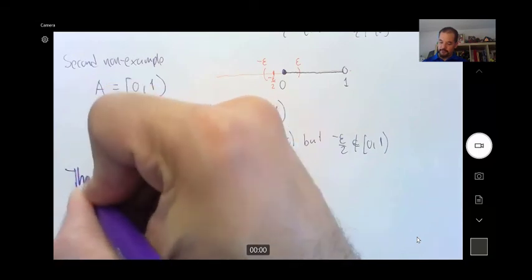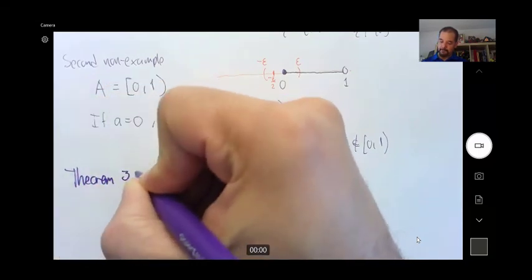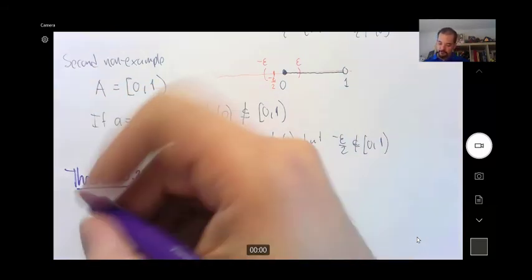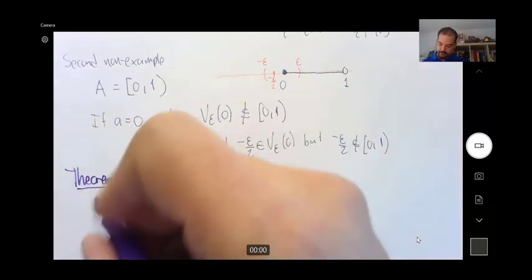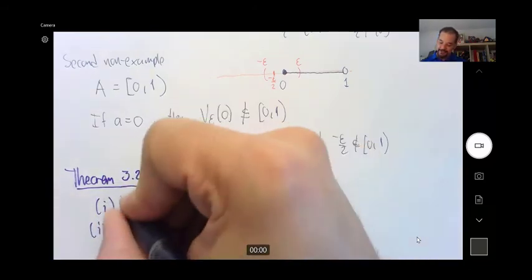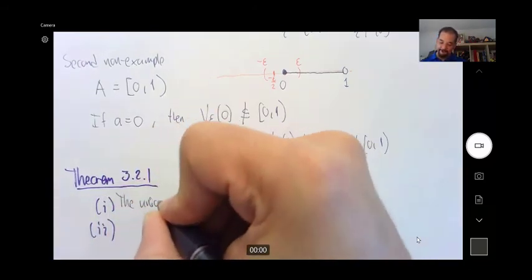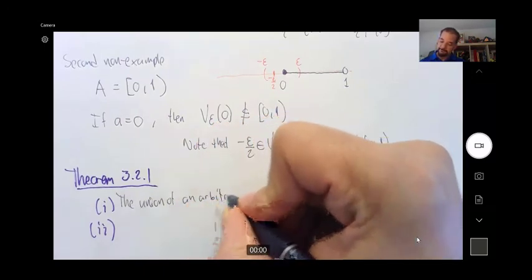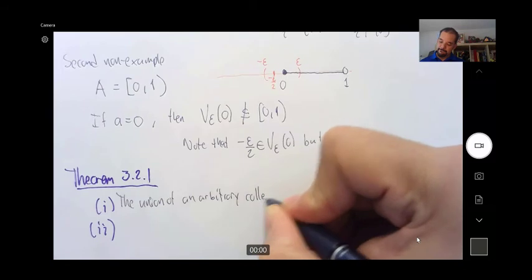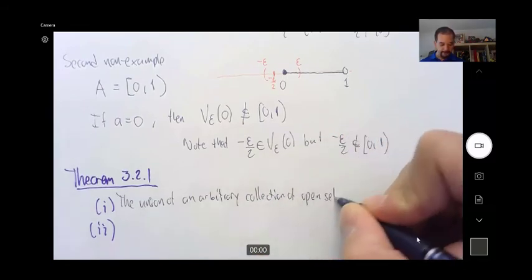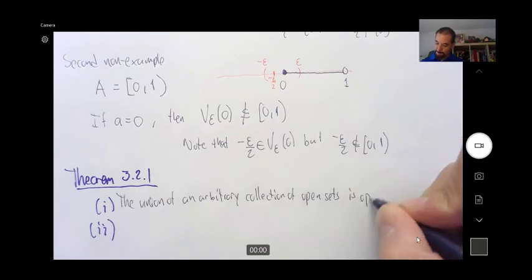Good, so here's our first theorem, 3.2.1, and it says two things, 1 and 2. 1 says the union of an arbitrary collection of open sets is open.